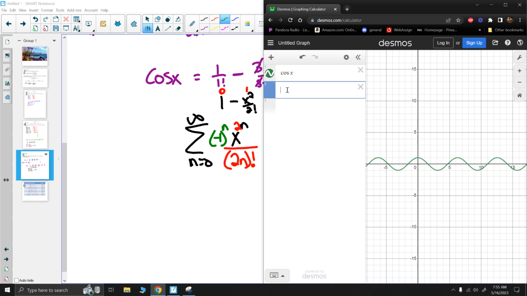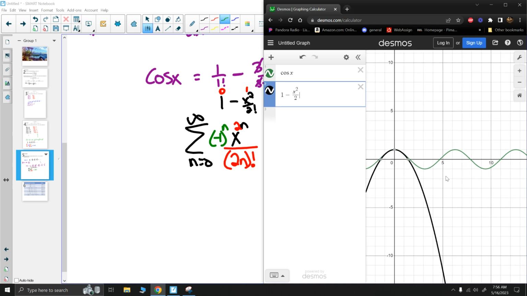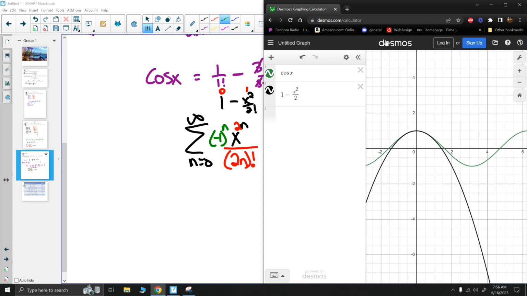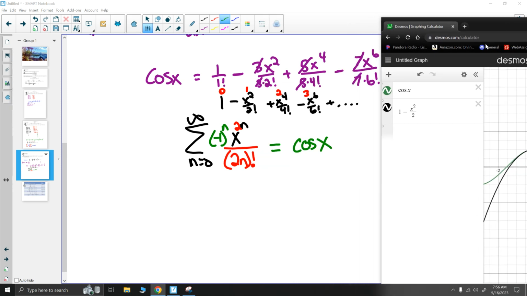So we have 1 minus x squared over 2 factorial, which is just 2. I mean, right away, that's already converging, at least around the origin. Plus x to the 4th over 4 factorial minus x to the 6th over 6 factorial plus x to the 8th over 8 factorial, and so on and so forth.